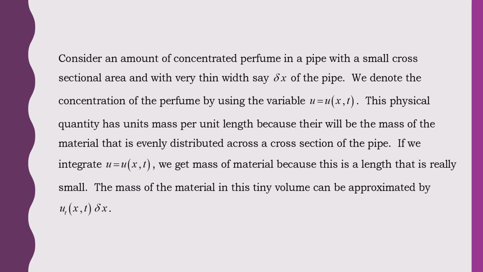Now, the mass in this small volume is approximated by the quantity u sub t times delta x. Here u sub t equals dou u by dou t.